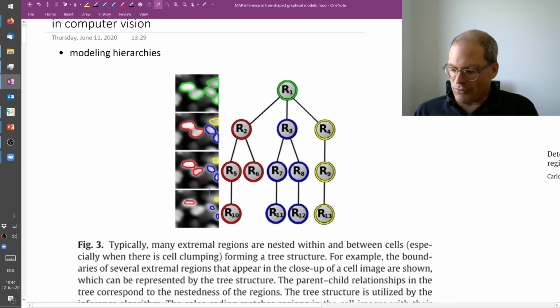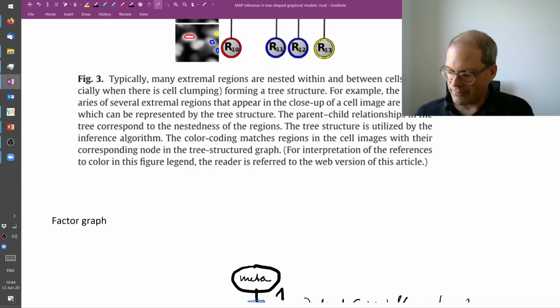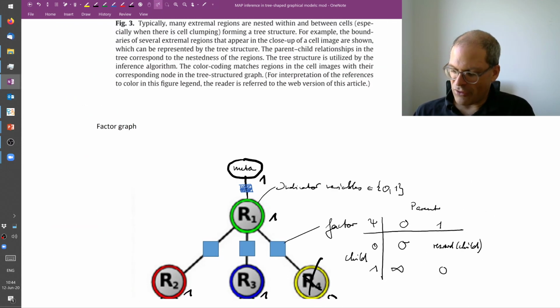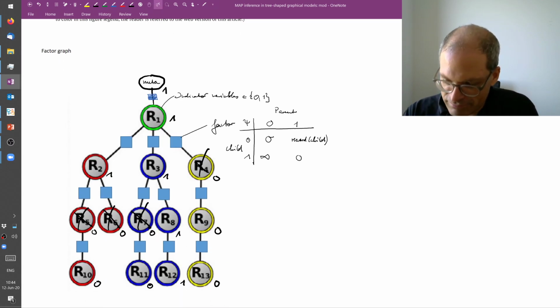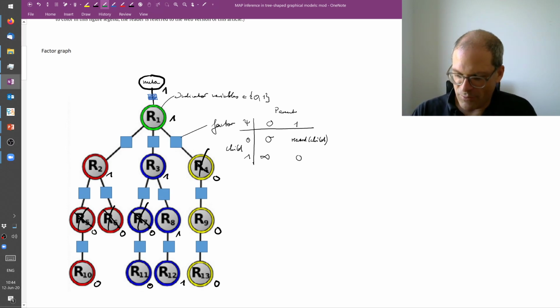So these rewards, if you like, we could represent them as unary potentials, and I've not shown these unaries here simply because there is one associated with each one of them, and anyway I don't have the numbers, but I could have drawn a unary factor for each and every one of them.